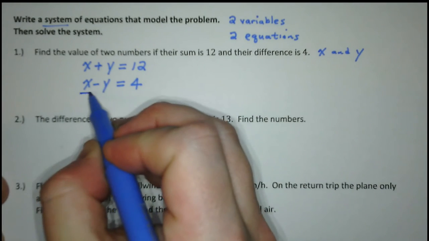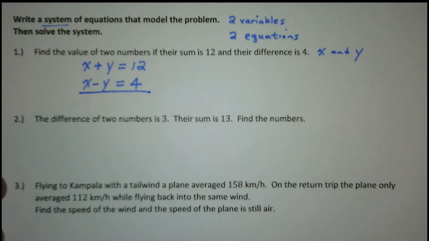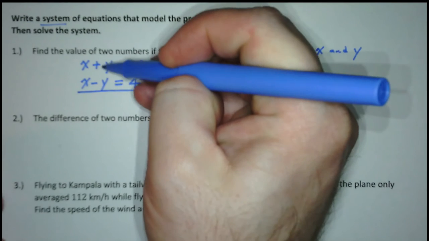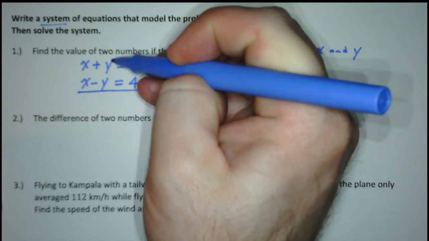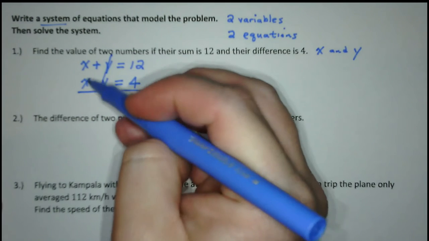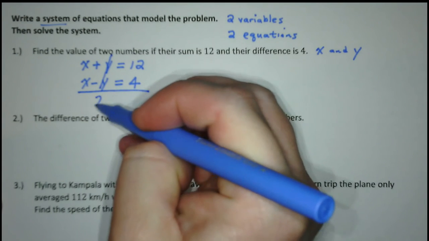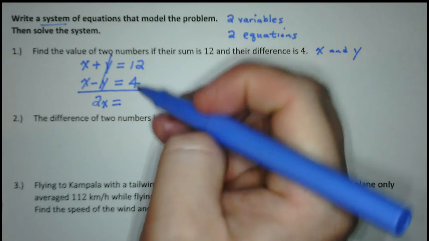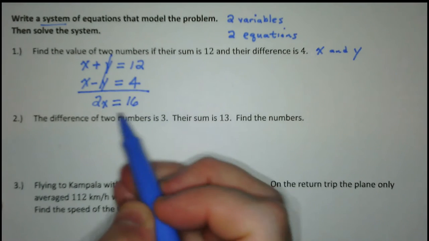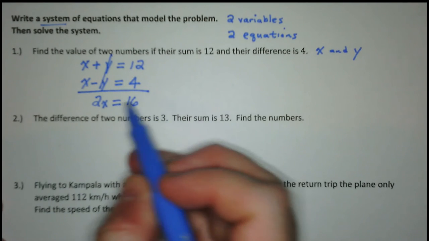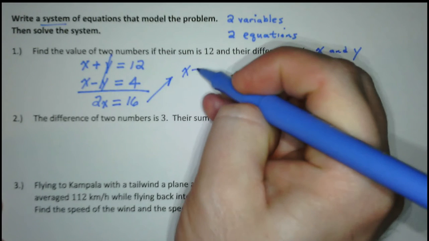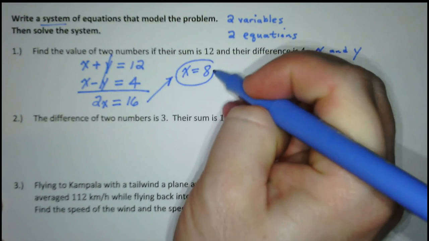Remember, the elimination method relies on you adding the equations together, but first there's got to be opposites. Positive 1y and negative 1y, they're going to cancel out. 1x plus 1x is 2x, the equal sign. 12 plus 4 is 16, and so now you have the equation 2x equals 16, and when you divide both sides by 2, you end up with x equals 8.